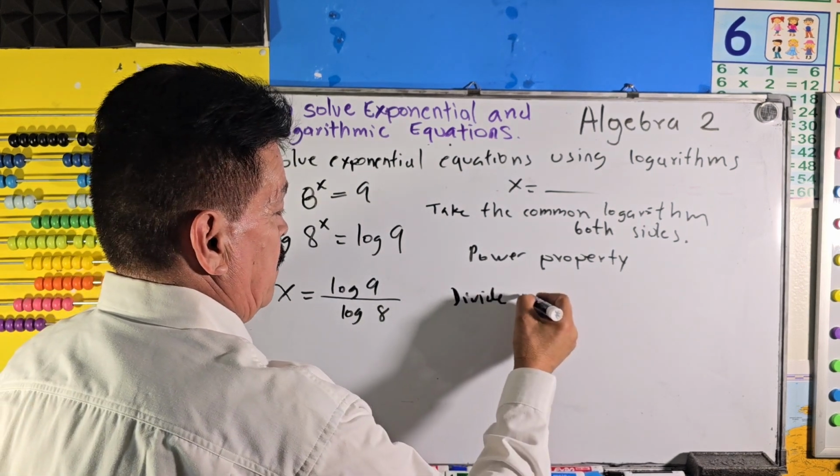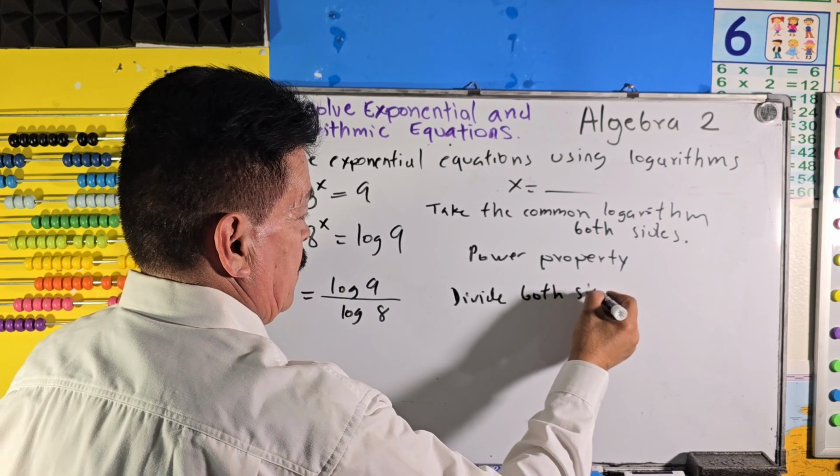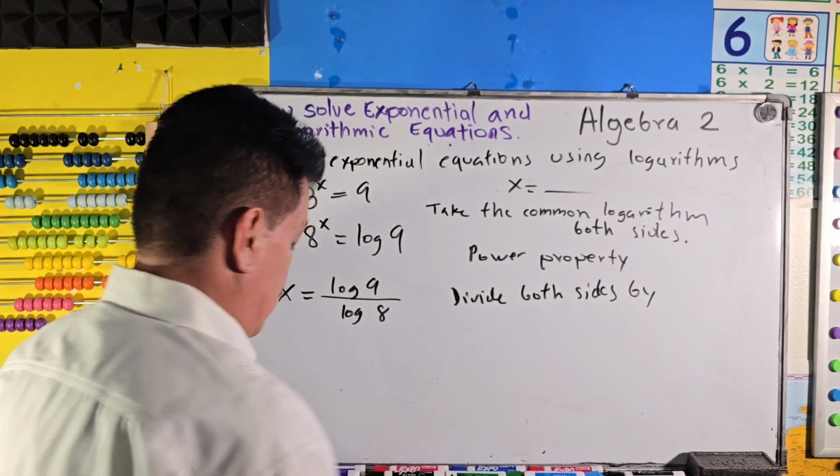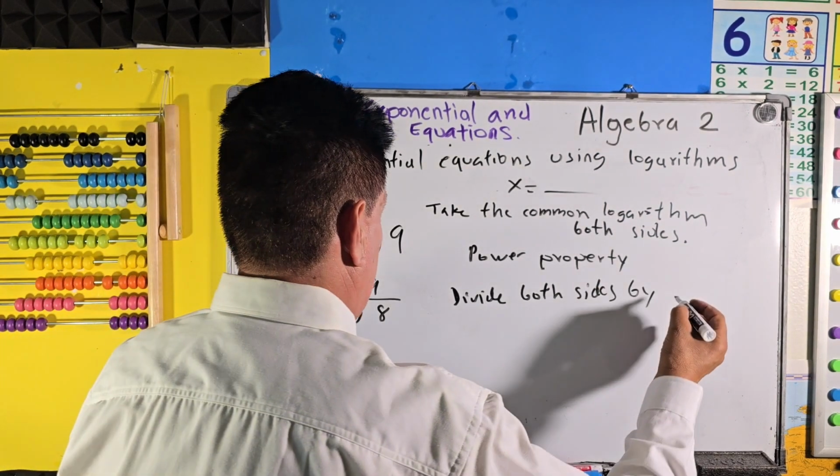So this is the answer. Divide both sides by log 8.